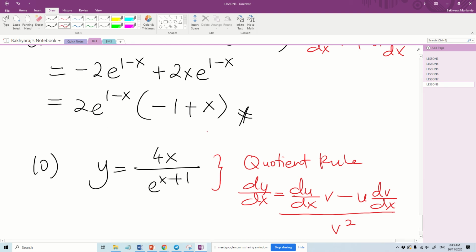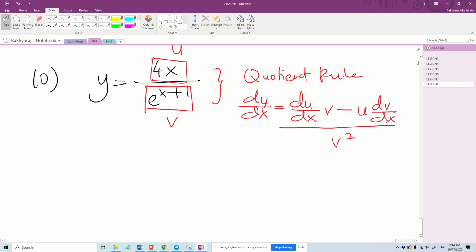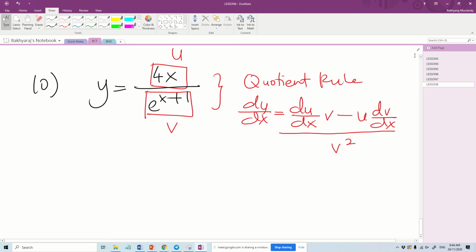Okay, what is your u? So u will be 4x. Okay, your v will be exponent x plus 1. So this is your u, this is your v. So u equals 4x, v equals exponent x plus 1.